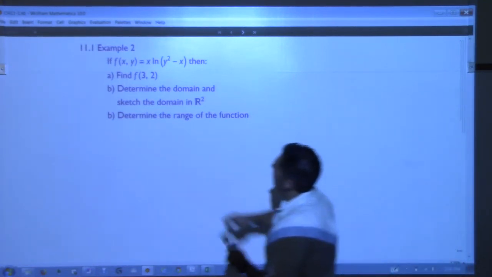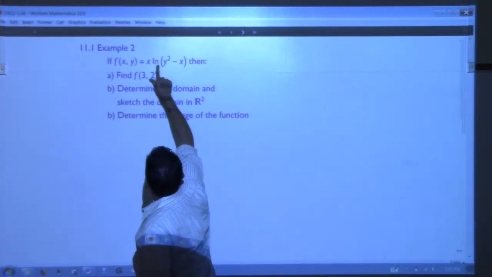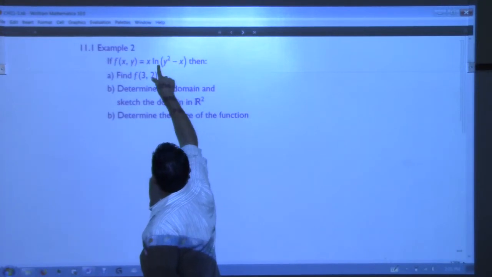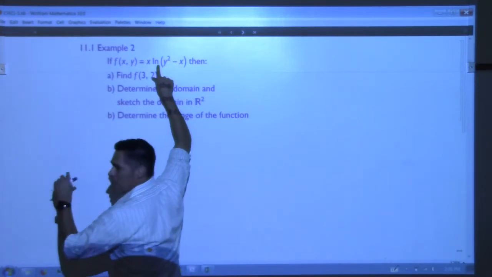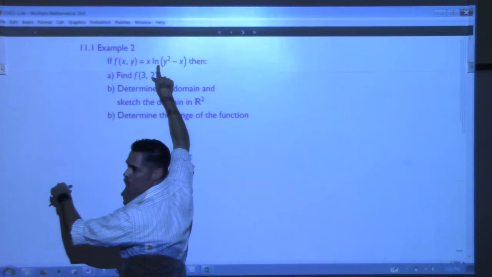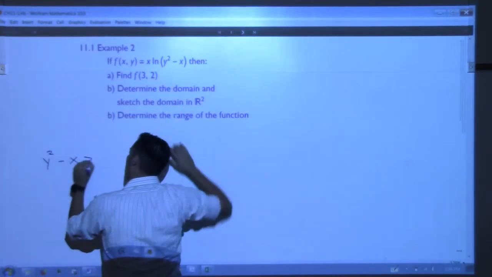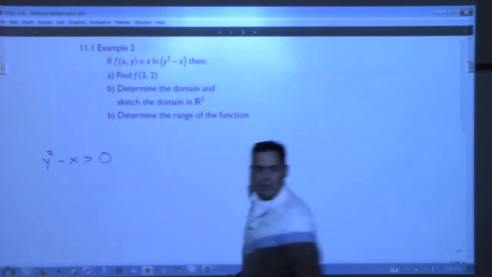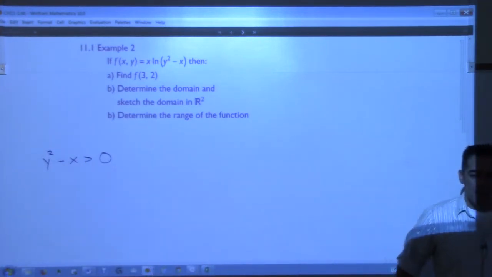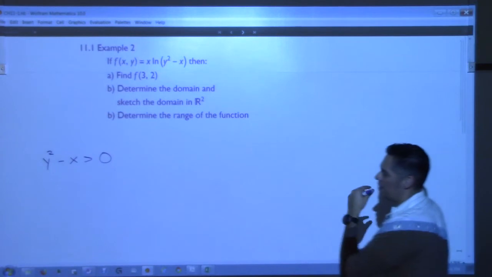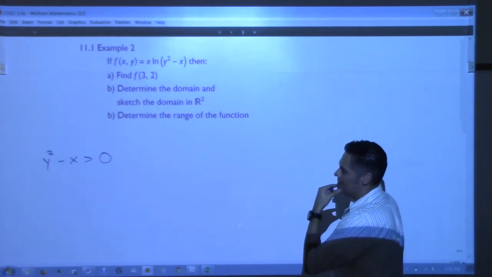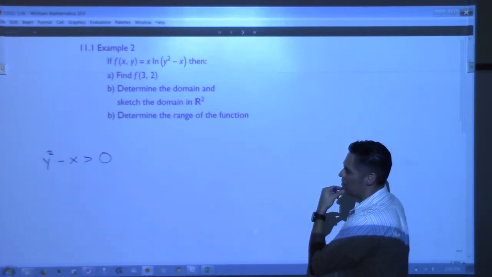The only issue we have here is that this is inside of a natural log function, and you cannot plug in 0 or negative numbers into natural log. So we have to have that y squared minus x is greater than 0, strictly greater. What type of inequality is this? It's not a linear inequality like the last one.